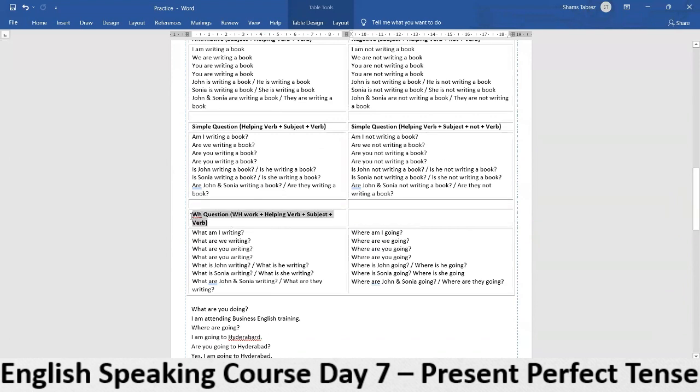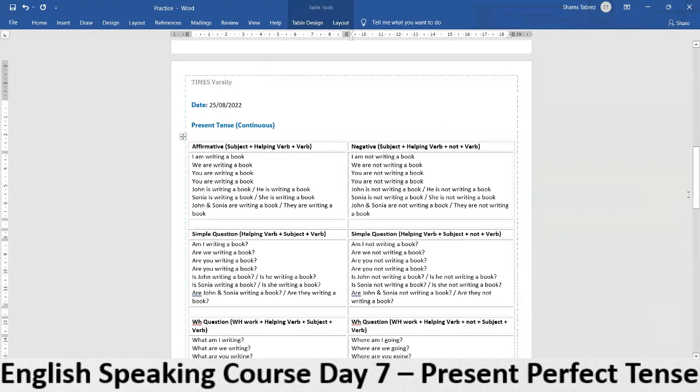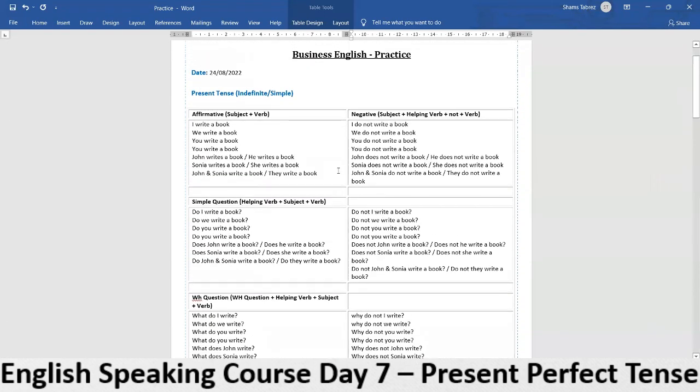So in present continuous tense, yesterday we discussed, copy this, paste here. So after helping verb, there is a word not, then subject. So this word file I'm going to share with you. So these are the thumb rule which we need to understand.